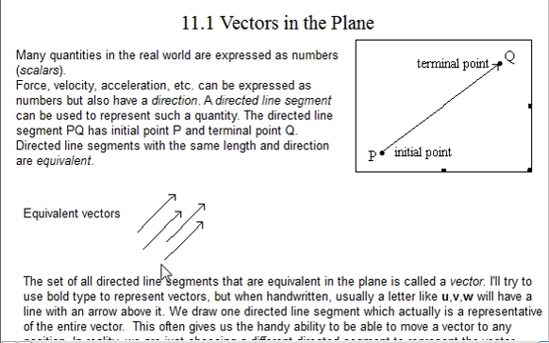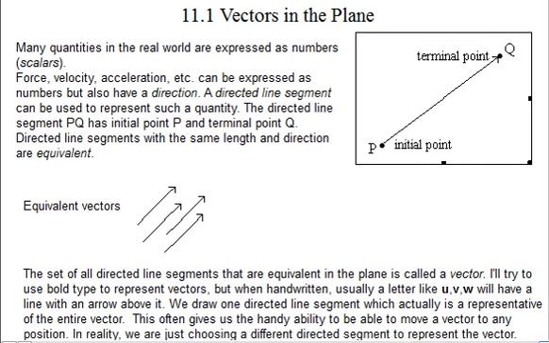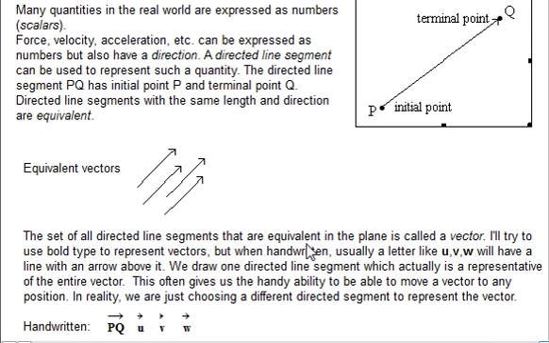So therefore, those vectors are equivalent. So the set of all directed line segments that are equivalent in the plane is called a vector. In other words, this isn't a vector, this isn't a vector, this isn't a vector, but all the line segments with this length and direction in the plane are what's actually the vector.